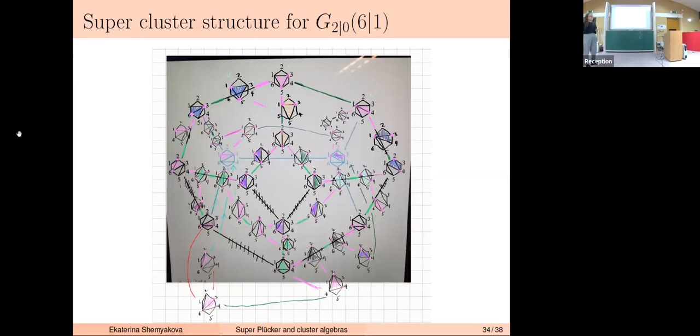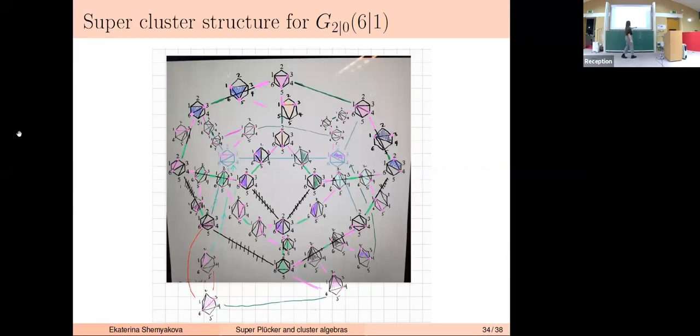But in other cases, the relations are such that I don't even know yet how to divide them into clusters, because you look at the relations and try to figure out what the cluster should be. Here, in Gr(2,0) cluster algebras, we only talk about this, because this one we figured out how to construct, I think. But again, I don't claim it's a definition, I claim it's a good standard.